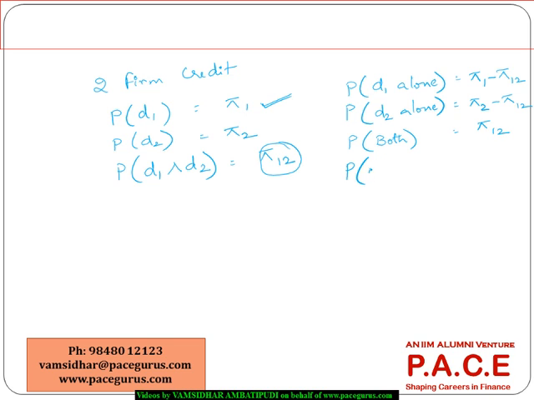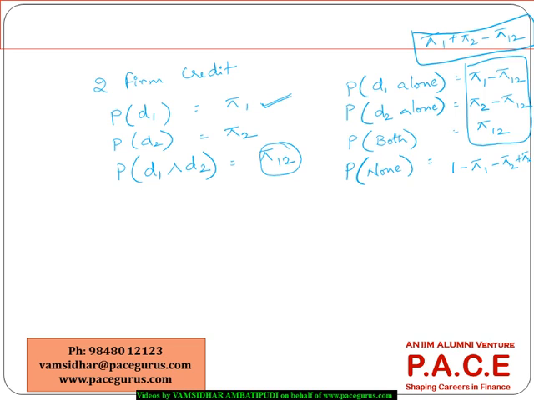And so the probability that none of the two are defaulting is 1 minus all these things, because at least one firm defaulting is coming when I am adding all these, coming out to pi 1 plus pi 2 minus pi 12. So the at least one firm defaulting probability is this. So the probability that none of the firms are defaulting comes out as 1 minus pi 1 minus pi 2 plus pi 12.